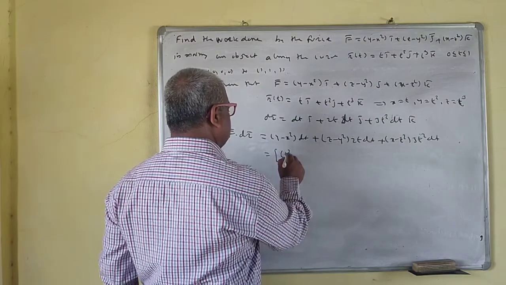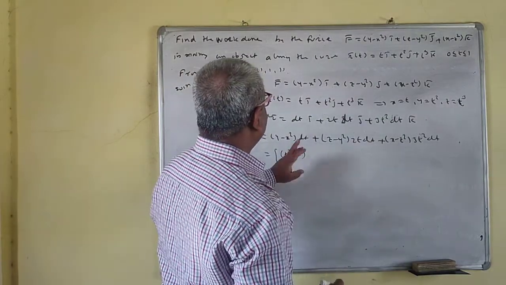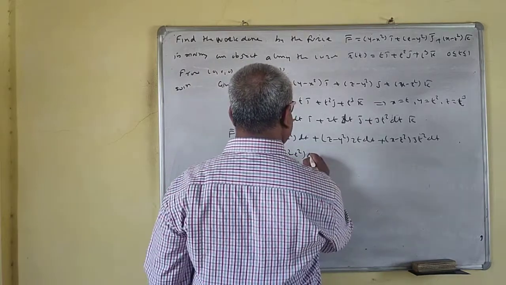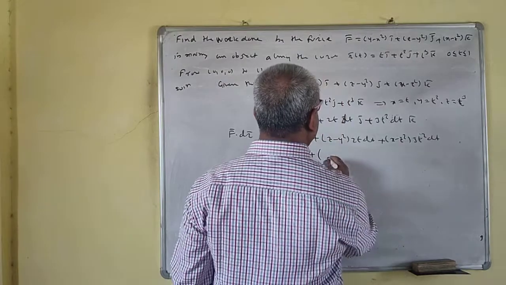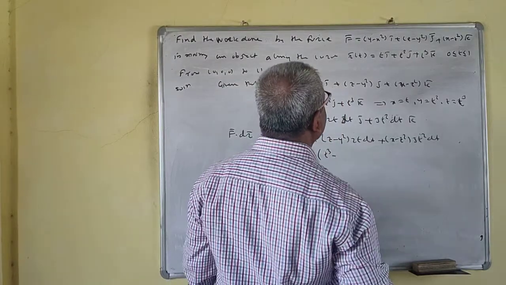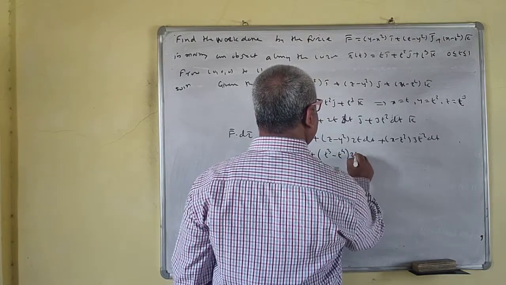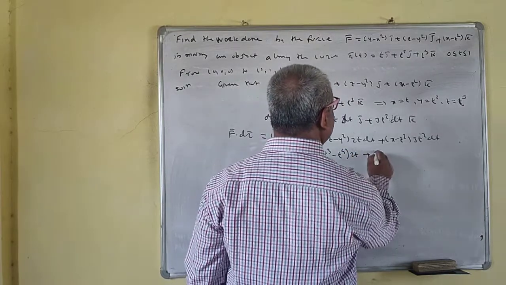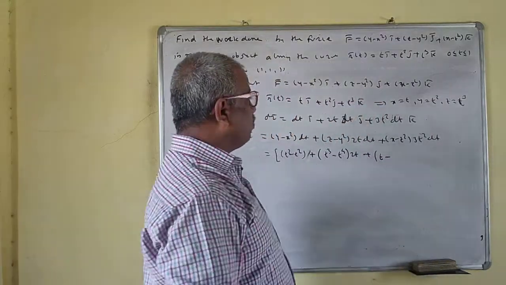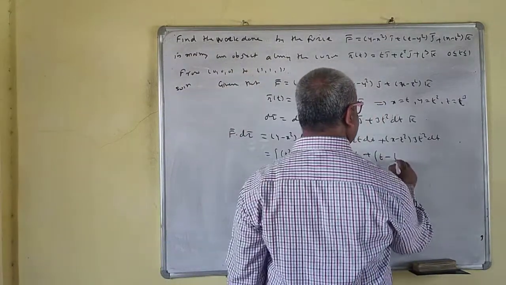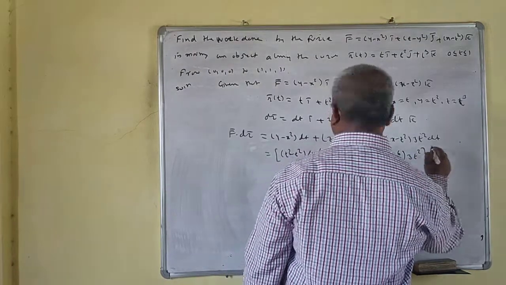Then dt we are taking common. Z is t cube minus y square, y square means t raised to 4, into 2t. X is t minus z square, z is t cube, so t raised to 6, into 3t square, with dt.